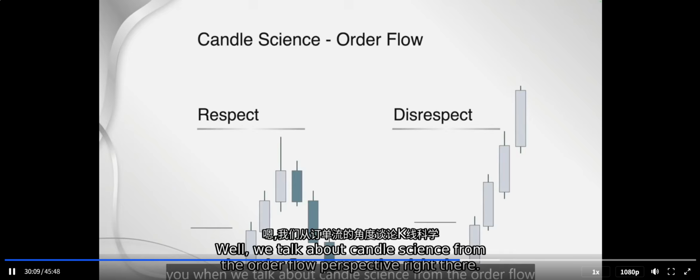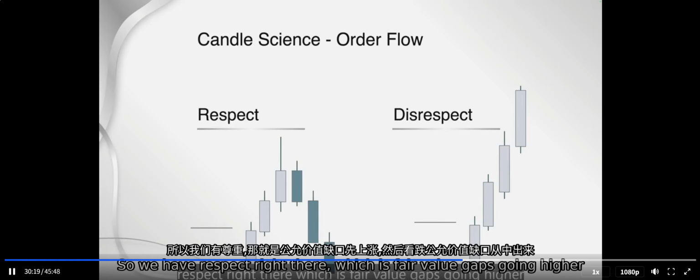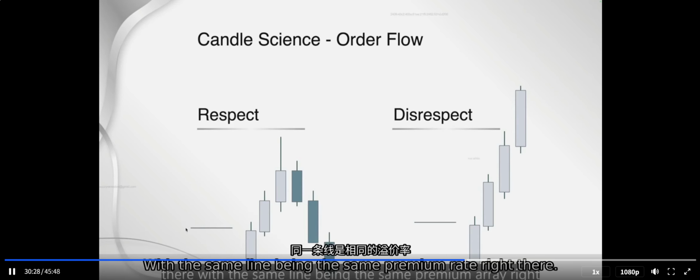When we talk about candle signs from an order flow perspective, so the combination of those, this is exactly what the previous slide would look like. So we have respect right there, which is fair value gaps going higher first, to then bearish fair value gaps coming out of it right there, with the same line being the same premium array right there.